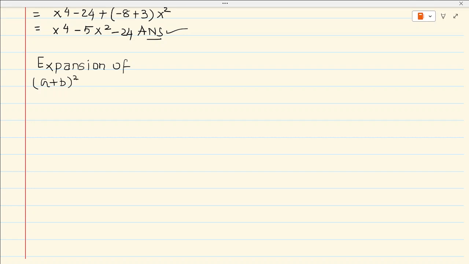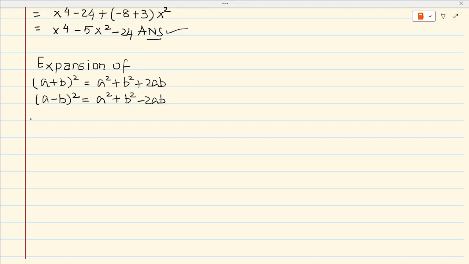We have studied it is a square plus b square plus 2ab, correct? We have also studied a minus b whole square, that is a square plus b square minus 2ab, correct? These expansions we have studied in our earlier lecture.